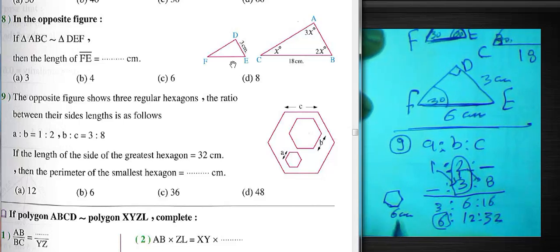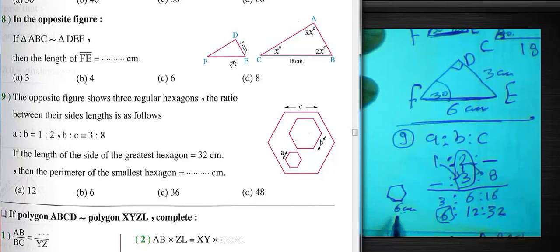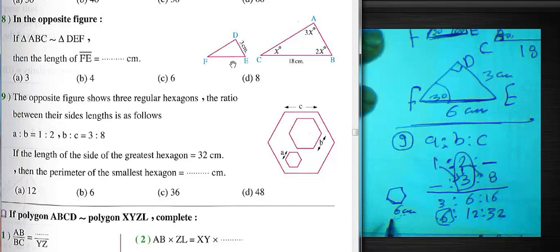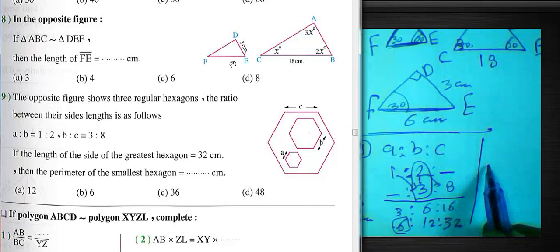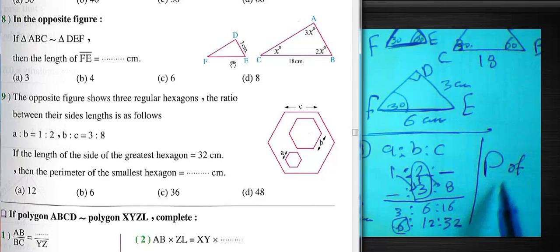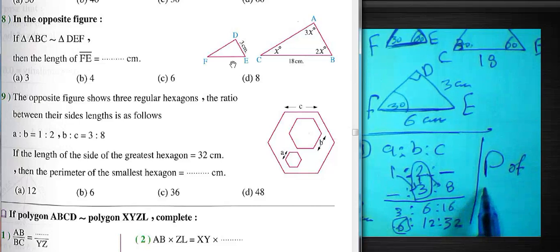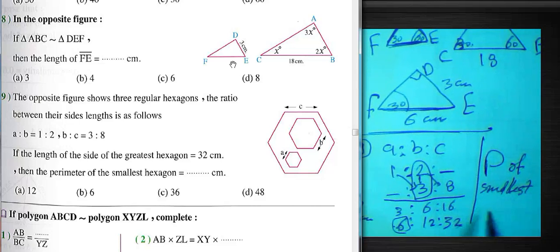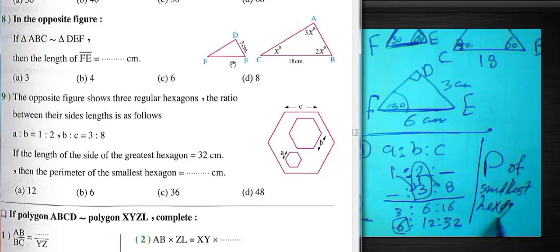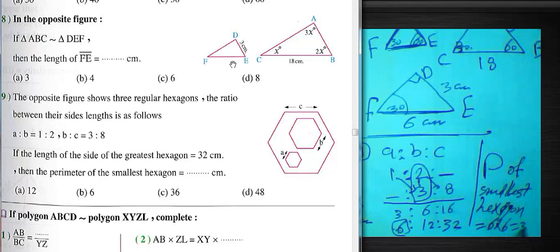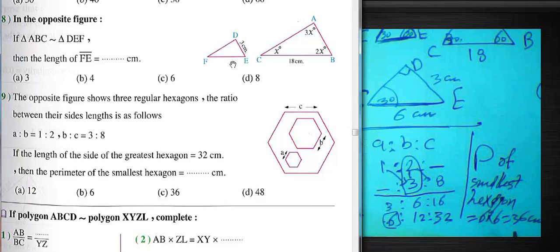So the perimeter of the smallest hexagon will be 6 multiplied by 6, which equals 36 centimeters. Okay, we will choose letter C.